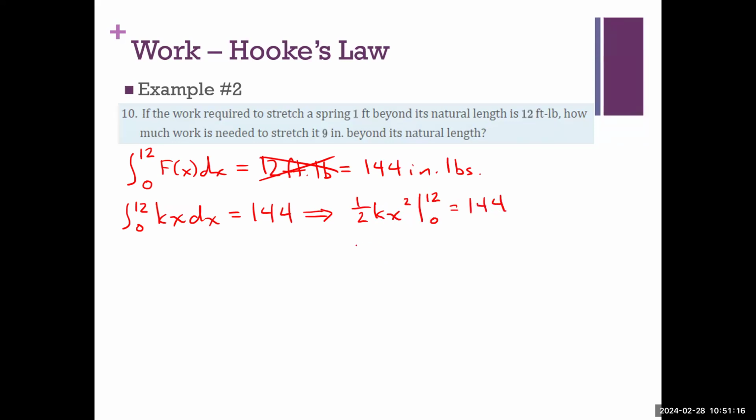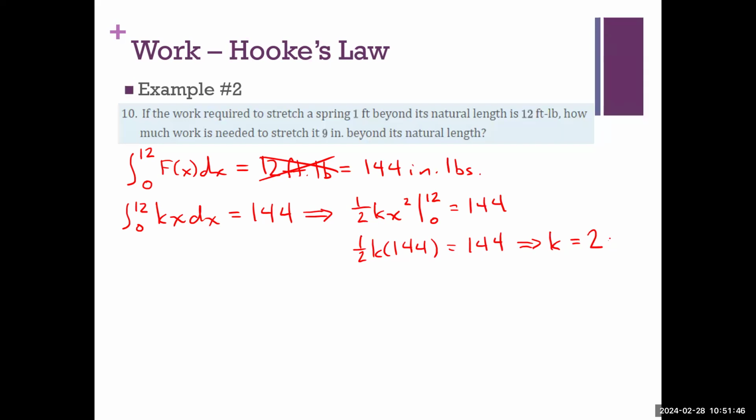So basically I am doing the exact opposite of what I did in the last example. I'm using the work to figure out what the spring constant is. So 1/2 of k times 144 equals 144. So k equals 2. Oh wait, are we sure it's not?